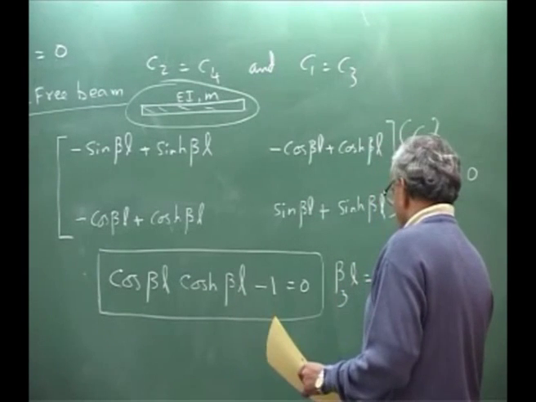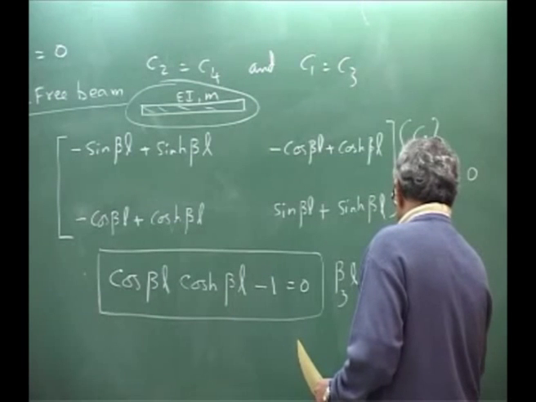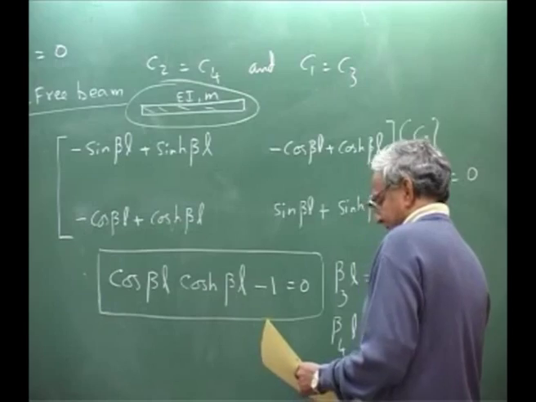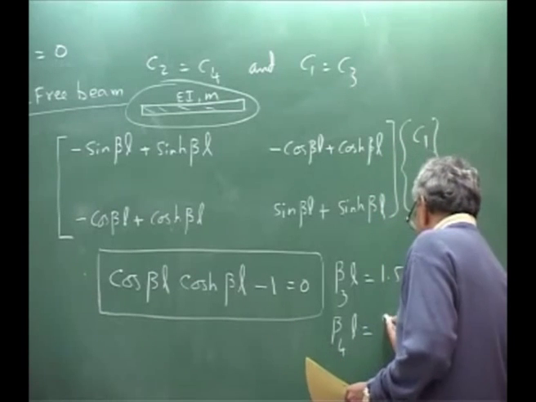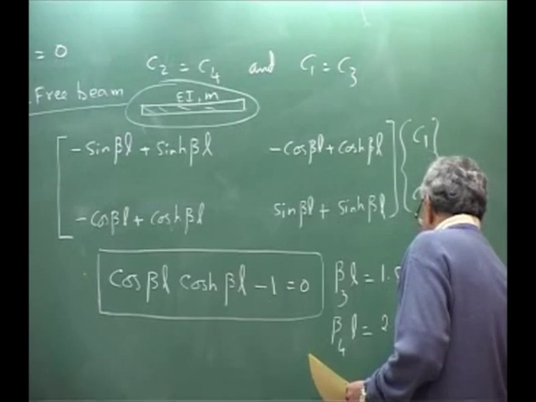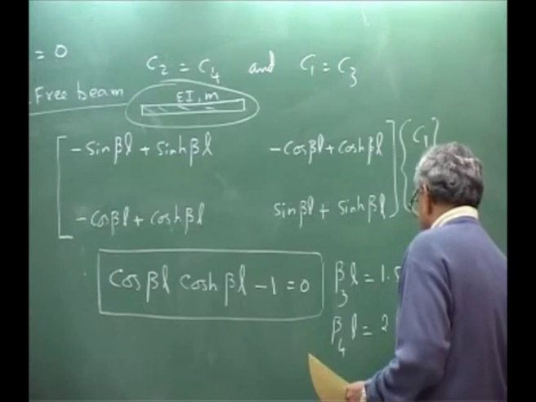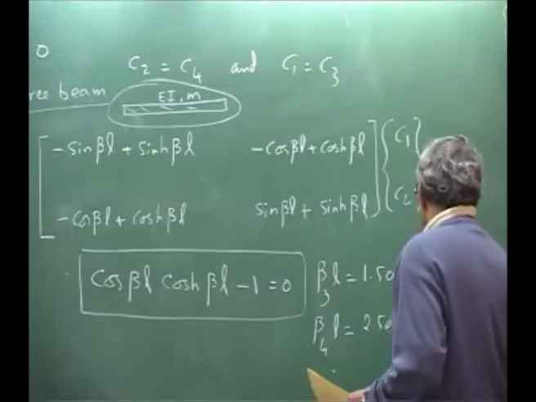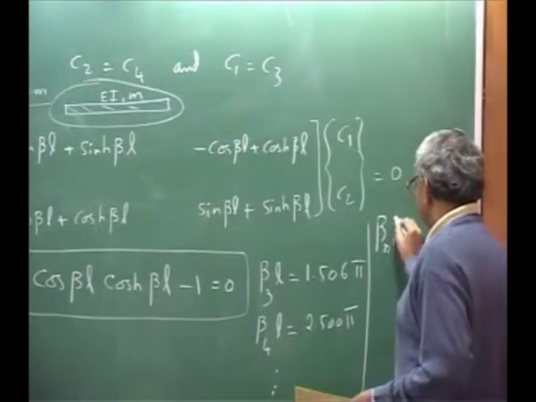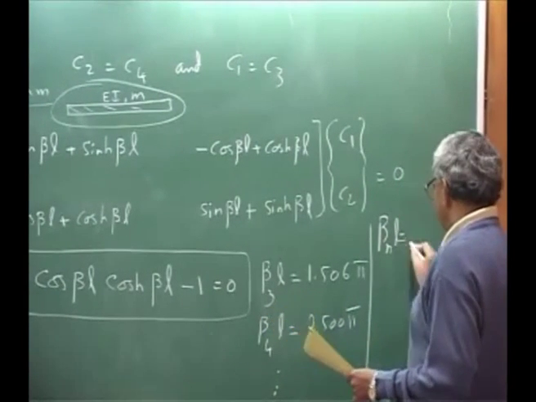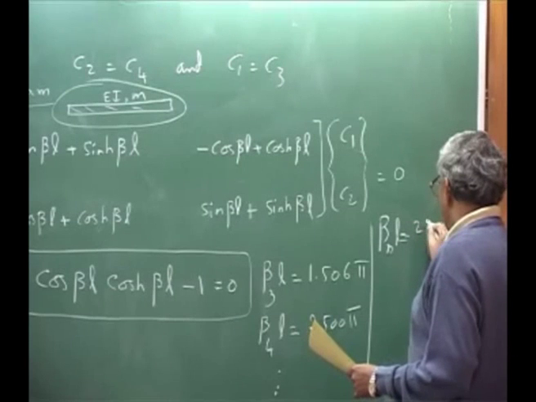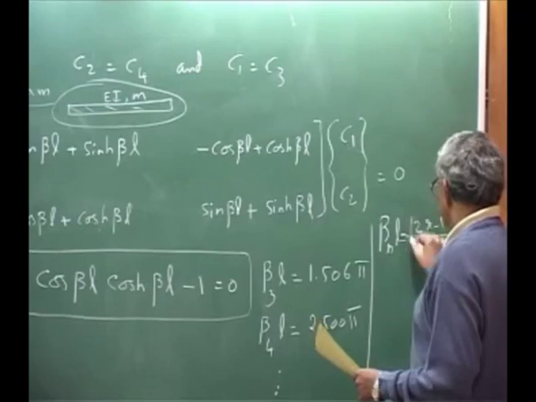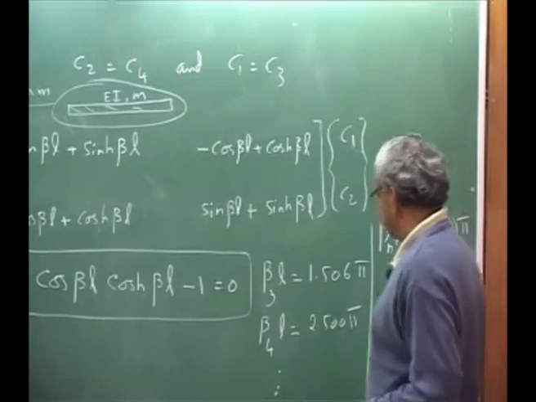Beta 3 L equals 1.5065 pi and beta 4 L is 2.5005 pi and so on. Beta R L is approximately 2R minus 1 over 2 into pi.